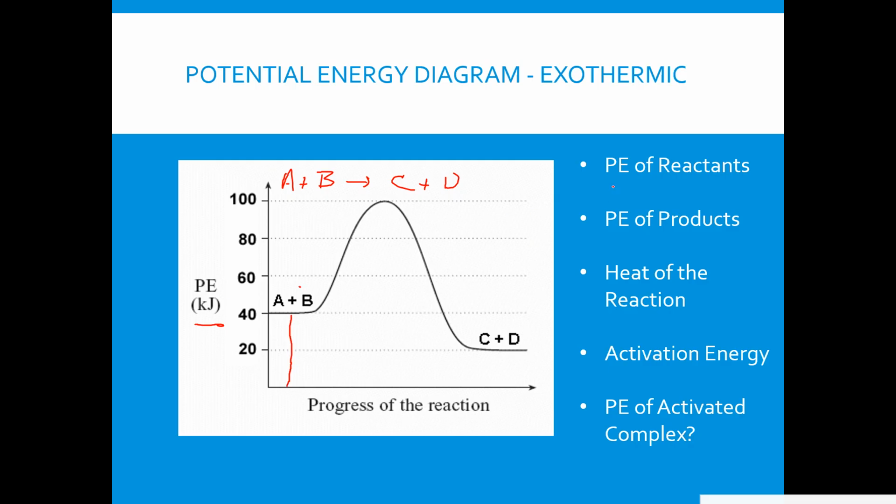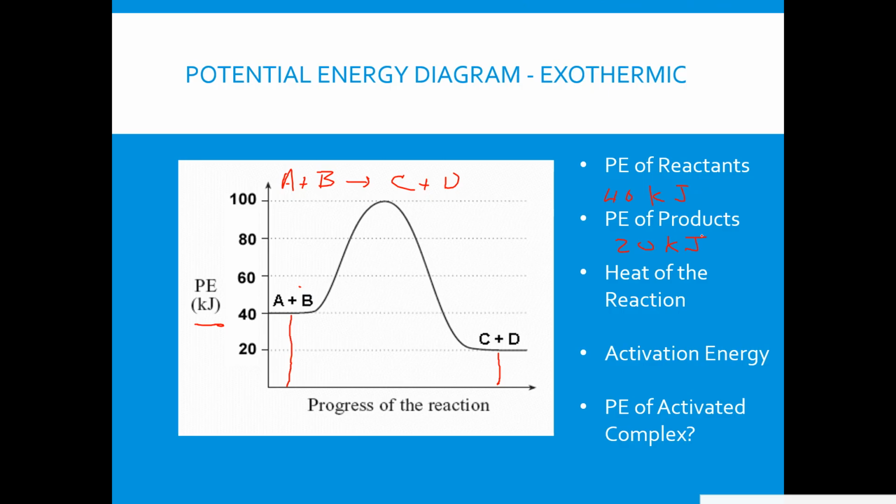That means the potential energy of my reactants is 40 kilojoules. Potential energy is the y-axis. From 0 up to my reactants is the amount of energy they have. Over here, if I look at the products, the energy here is 20 kilojoules. So my products have 20 kilojoules.